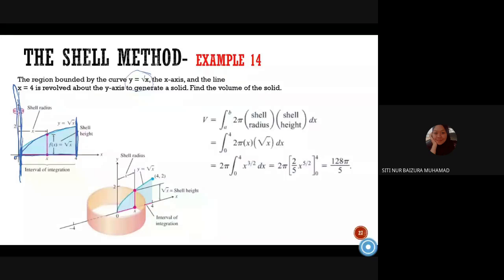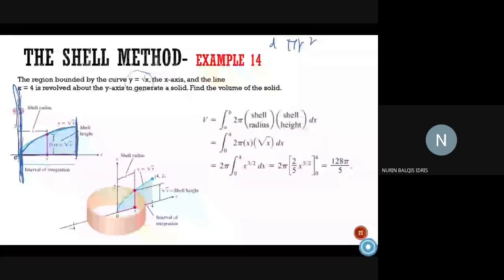Class, if you look at it like this, if we use the previous method, the pi r square one, this is the region and this is the axis of rotation. Will we get a solid or a washer? Anyone? Solid or washer?